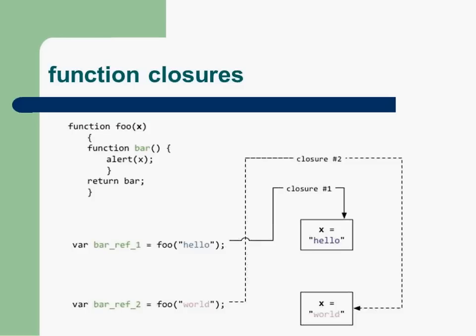So when we created the variable with hello, what will it do? It will alert hello. First it goes inside foo, so the value of x becomes hello, and it returns bar, the function.